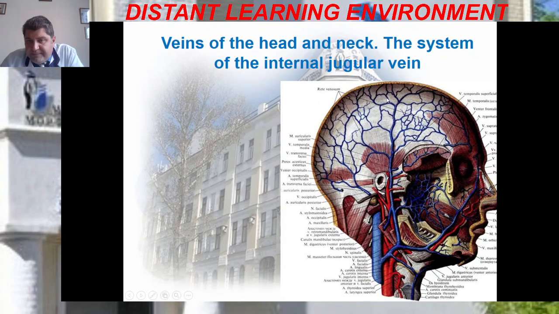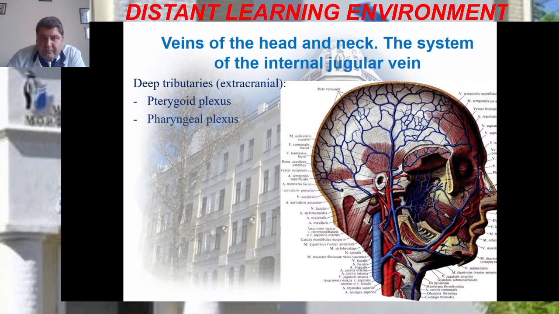Also you can see the superficial temporal vein, and here you can see that the blood from the pterygoid plexus passes into this superficial temporal vein, or also to the common facial vein, which is formed by the confluence of the facial and superficial temporal veins.